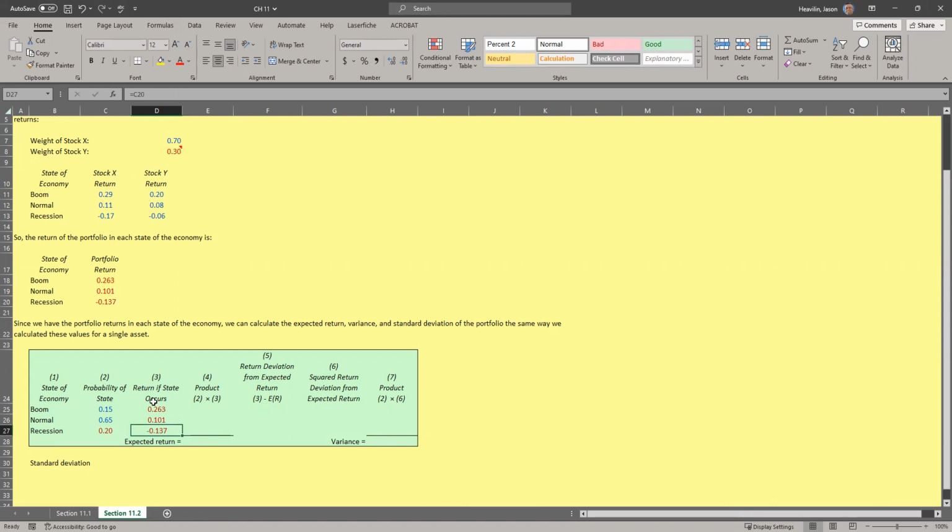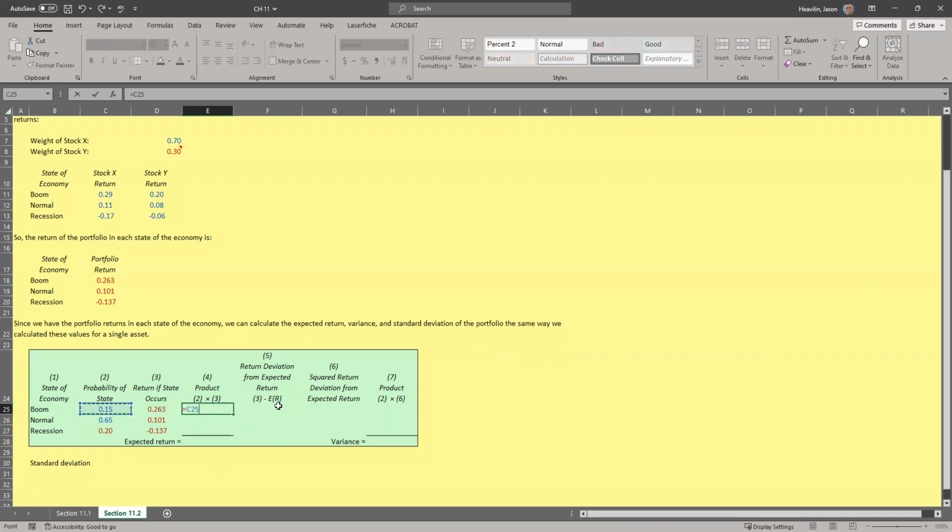So all we're doing is grabbing the same values we already calculated here. Here, they're telling you to just multiply column 2 by column 3 for the expected return. This is the same as doing a weighted average, but we're using the probabilities as the weights.